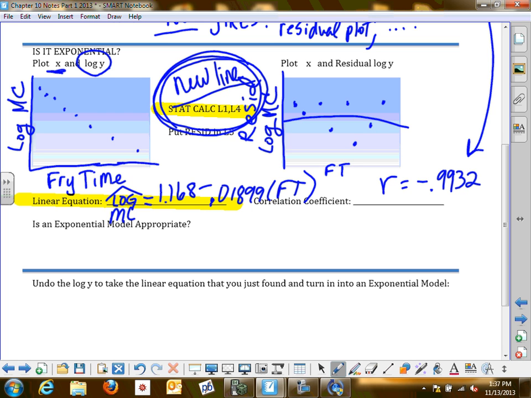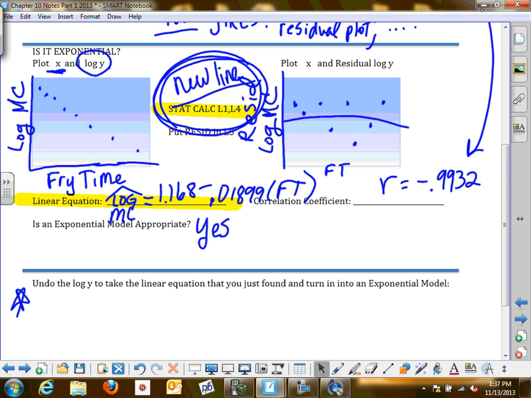So of the two, this is the better choice. We're going to say the exponential model is more appropriate, because it's better than up above. This last thing we're not doing today, some logarithm computation, saving that for tomorrow.